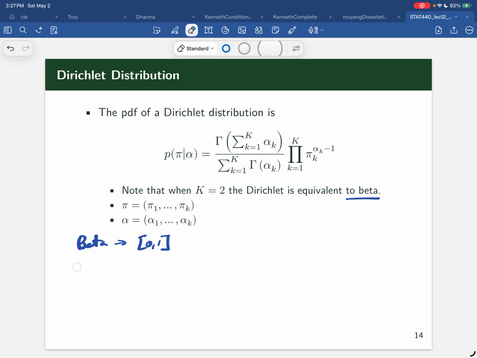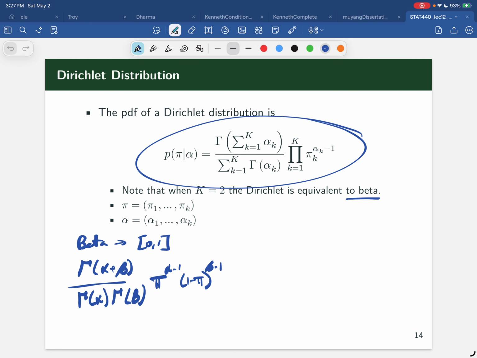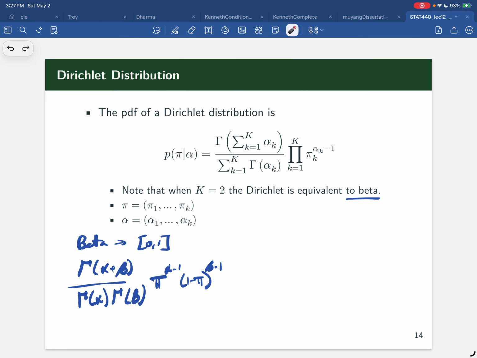And the beta distribution had a PDF that was given by gamma of alpha plus beta over gamma alpha, gamma beta, and then it had pi to the alpha minus 1 and 1 minus pi to the beta minus 1. Well, if we look at this, that looks basically the same way.